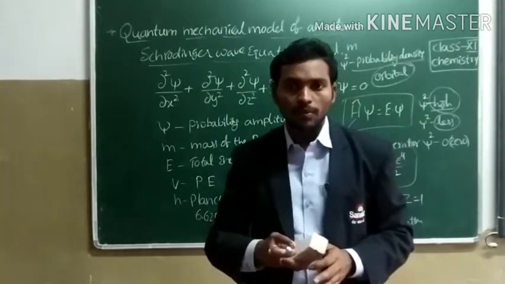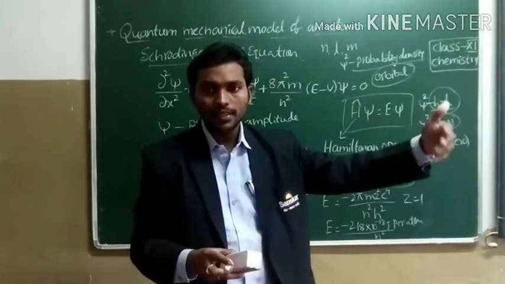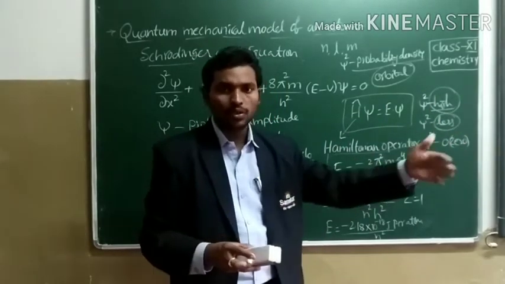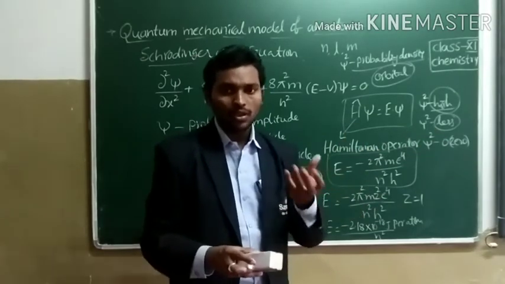An orbital can be denoted by s, p, d, f, g, h and so on. These letters are used to denote orbitals.